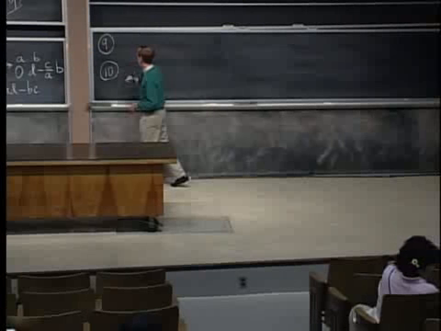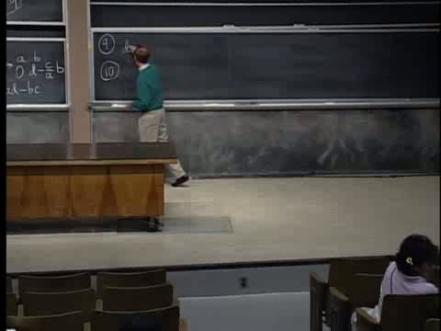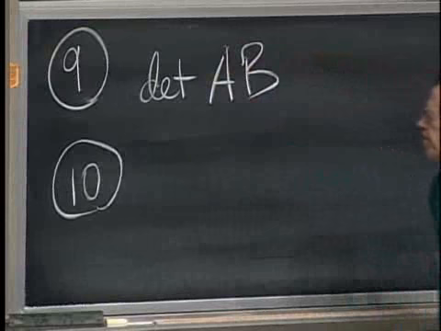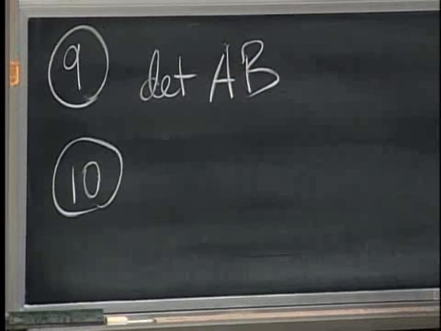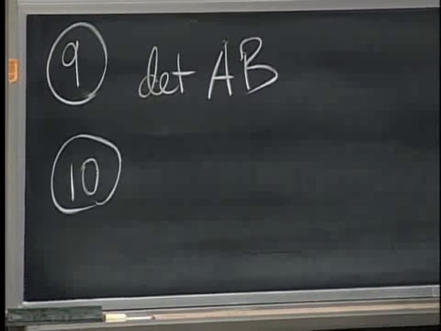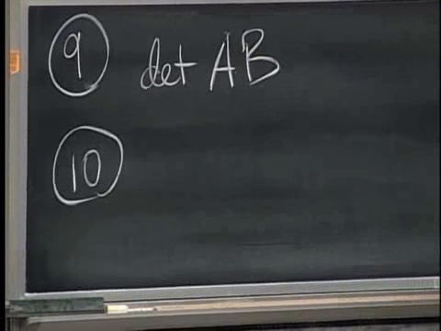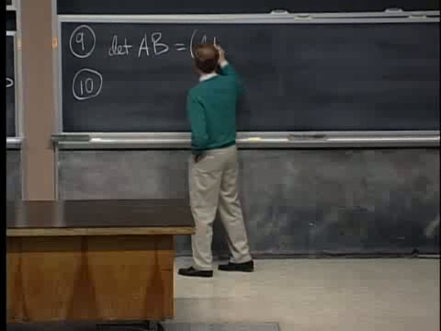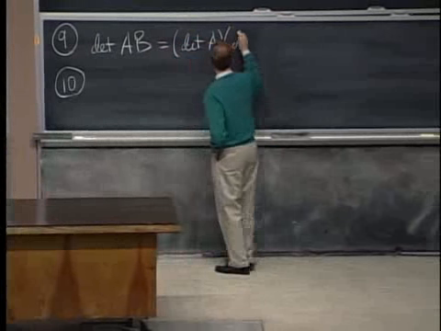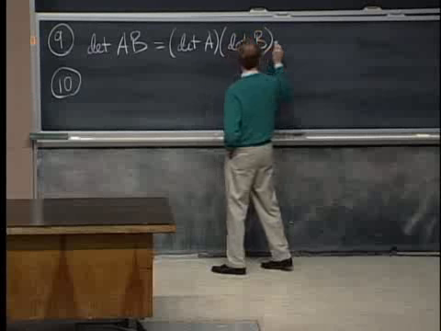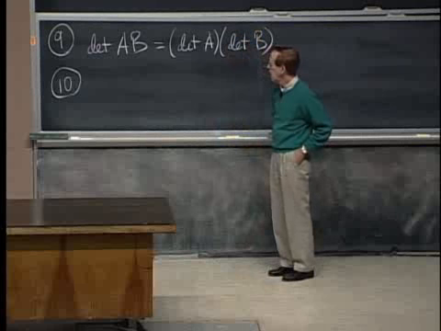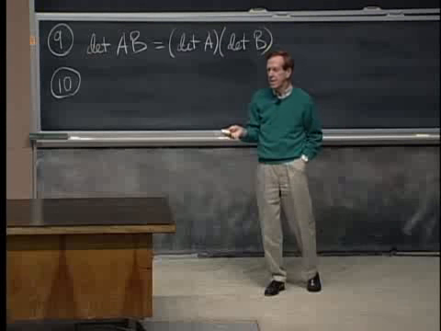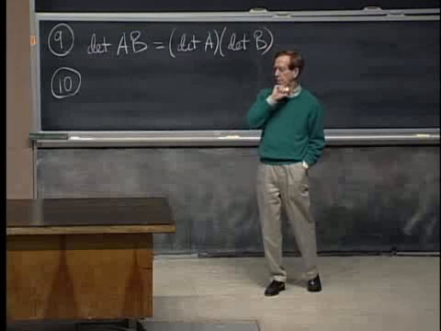Property 9 says that if I multiply 2 matrices A and B, the determinant of the product is the determinant of A times the determinant of B. And for me, that's a very valuable property.